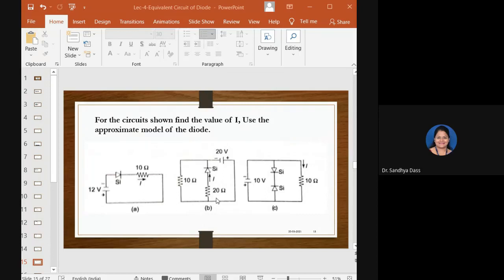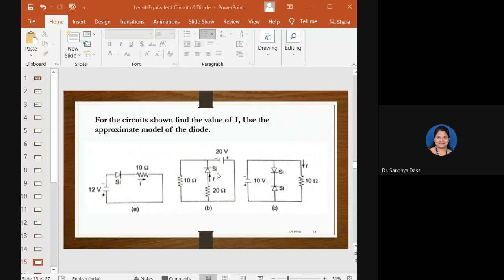So I'll keep IR on the left hand side. Please follow my instructions and you can write down there. So on the right hand side, it will be 20 minus VD, right? I into R is equal to 20 minus VD. So for VD, we will take the typical value, the cut-in voltage of the silicon diode as indicated.